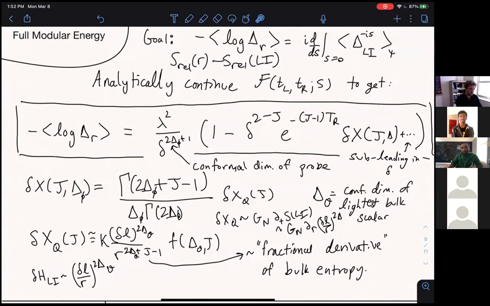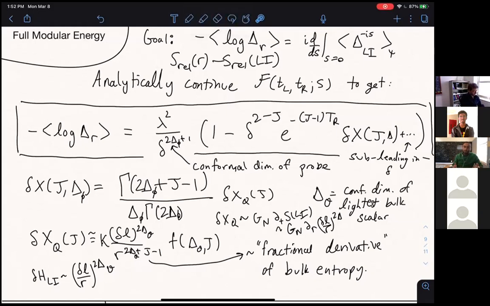Are there any other questions? If not, I have one last question. The usual set of words that are said for the chaos bound is that you have a small parameter that you're expanding the out-of-time-order correlator in.